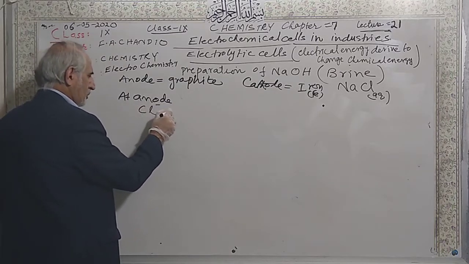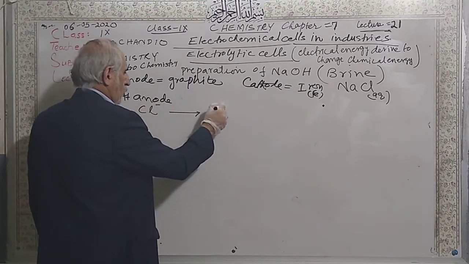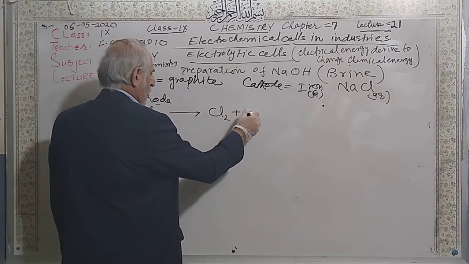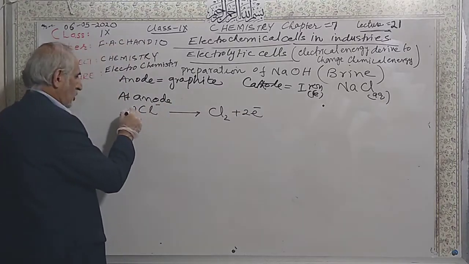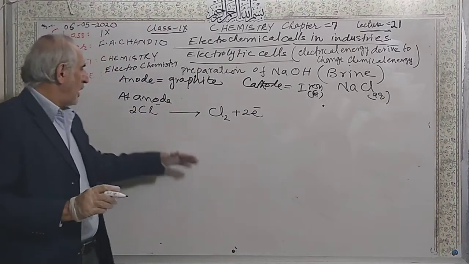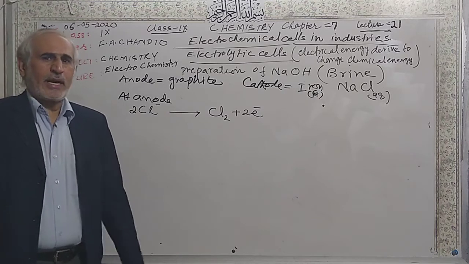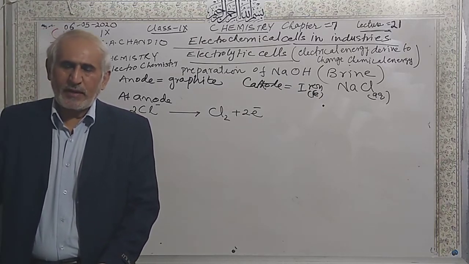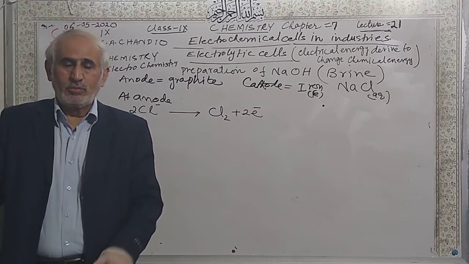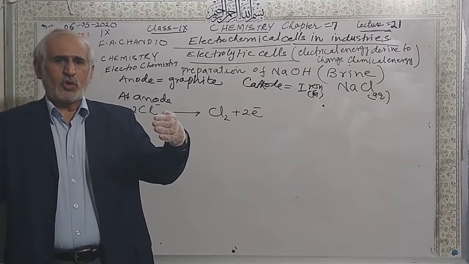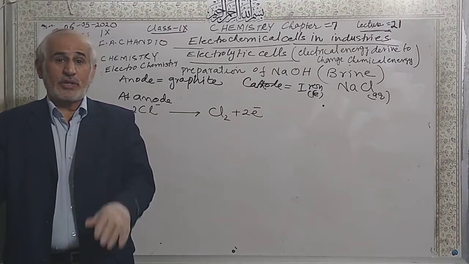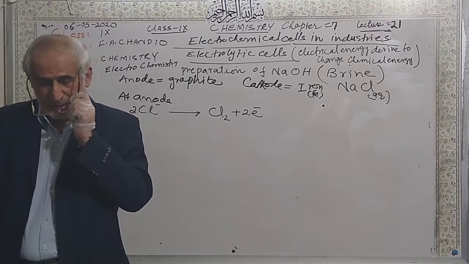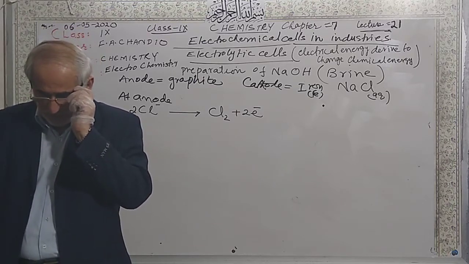Chloride ions will collect to give chlorine gas by the loss of 2 electrons. So at the anode you can collect chlorine gas, not hydroxyl ion. Hydroxyl ion will not collect. This is due to the electrochemical series, which you will learn in higher classes, and also concentration.